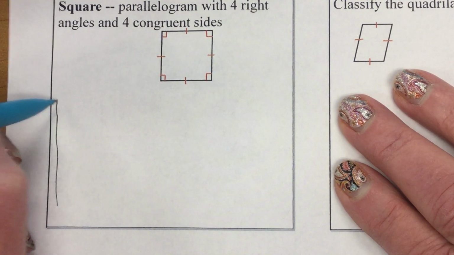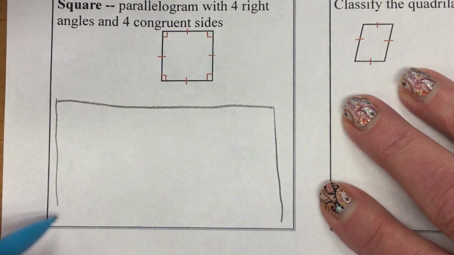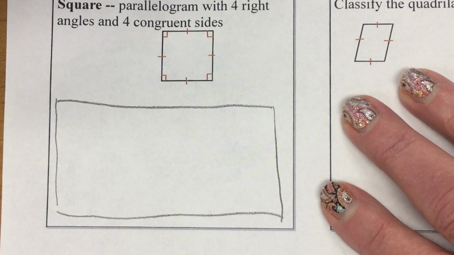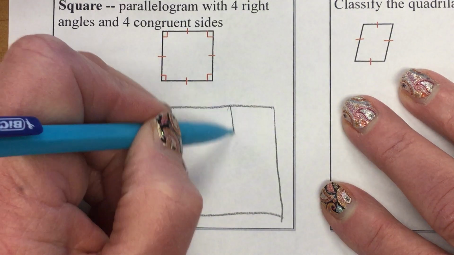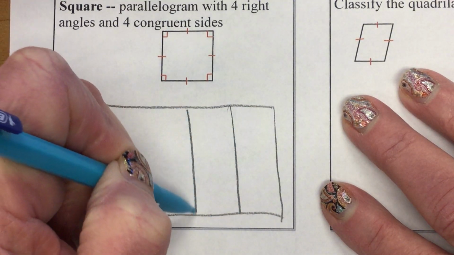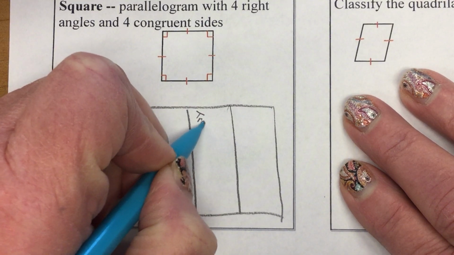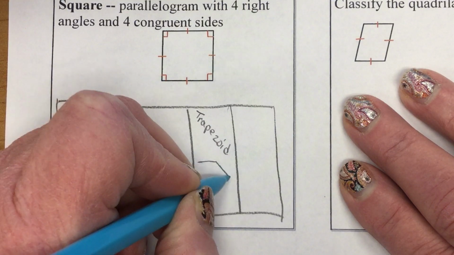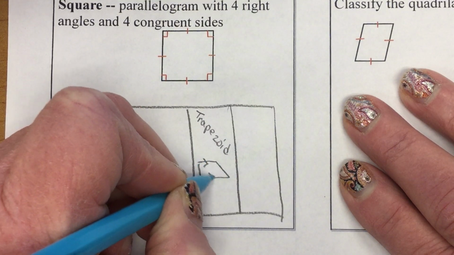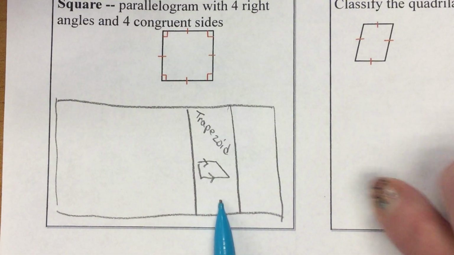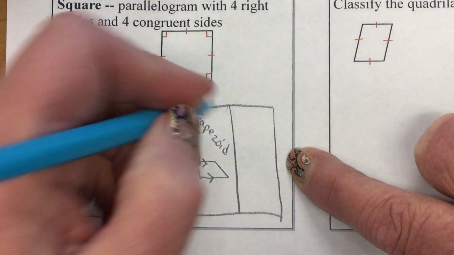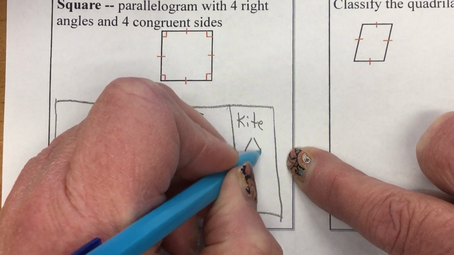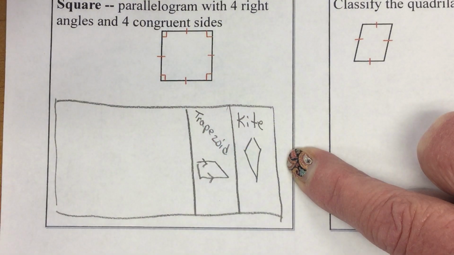So, if I made a giant rectangle of all the quadrilaterals in the world, I'd have all my trapezoids. Now, in this one, we're going to have one that we haven't really talked about, but it's called a kite. A kite looks like a kite that you flew when you were a little kid.